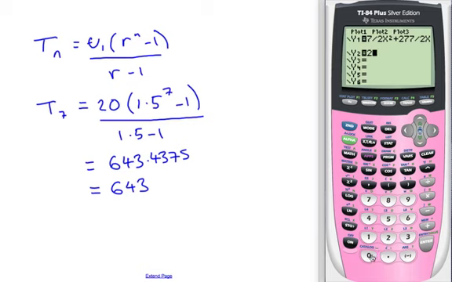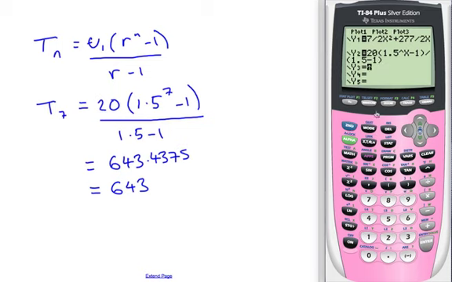So I have 20 times 1.5 to the power of x minus 1, close brackets, divided by 1.5 minus 1, close brackets.